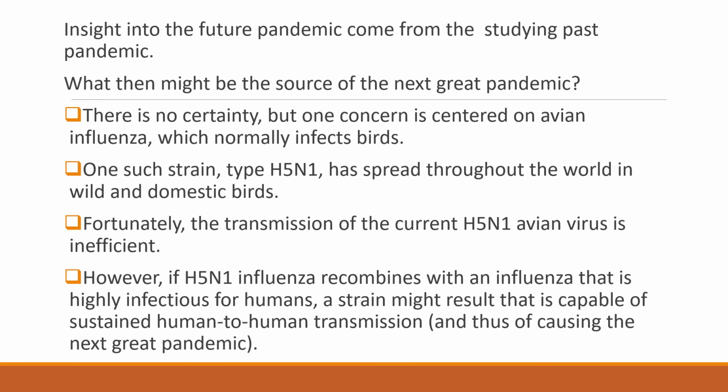But fortunately, the transmission of this current H5N1 avian virus is insufficient. But if this H5N1 influenza recombines with an influenza type that is highly infectious for humans, a new strain can result that is capable of sustained human to human transmission, and that can be the cause of the next great pandemic.